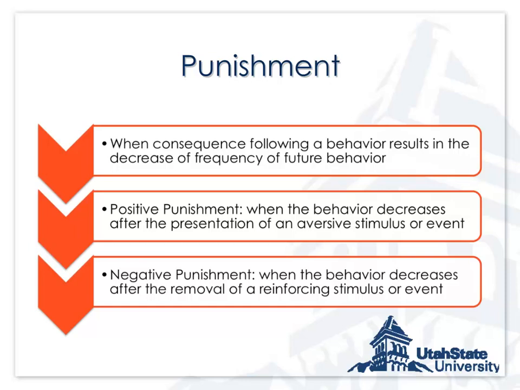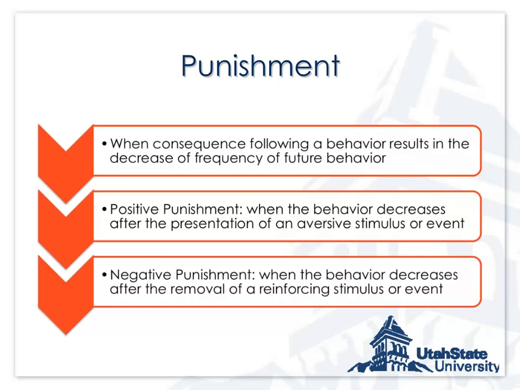Other procedures based on the removal of reinforcers or presentation of punishment are interventions based on punishment. Remember that punishment occurs when consequences following a behavior result in the decrease of the frequency of that future behavior. Positive punishment occurs when the behavior decreases after it is followed by an aversive event.